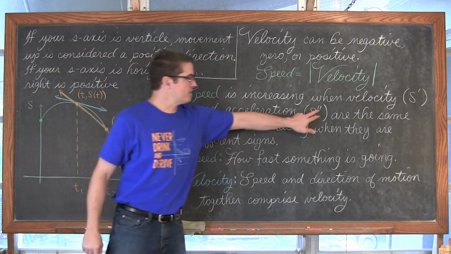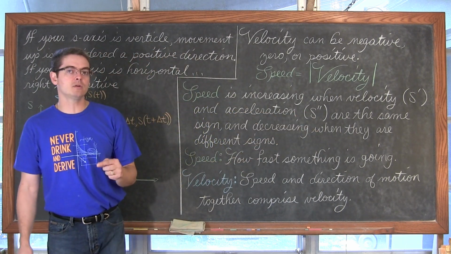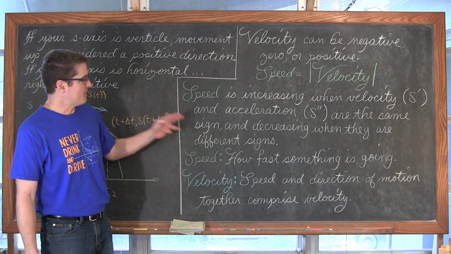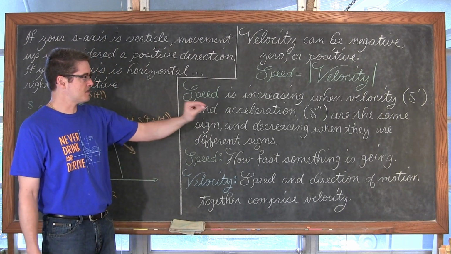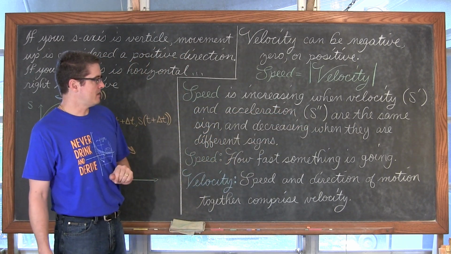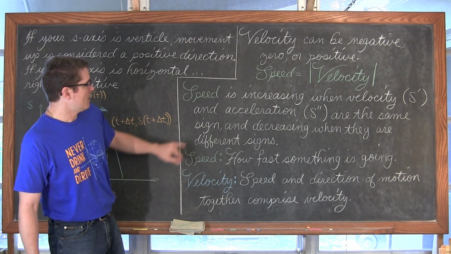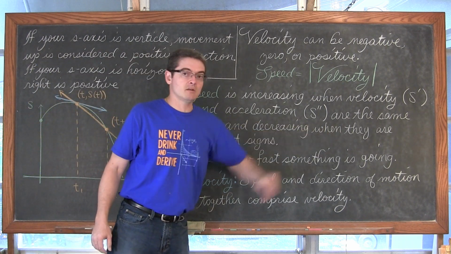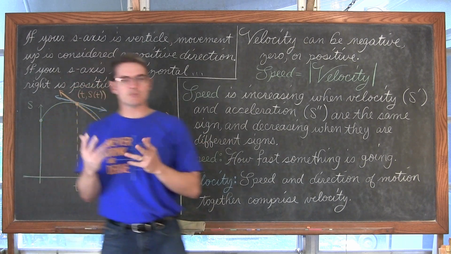If you take the derivative again, then that function is going to give you the acceleration. Well, if the velocity and the acceleration both have the same sign, then the speed is increasing. But the speed is decreasing when they have different signs, and that's what I was just talking about.